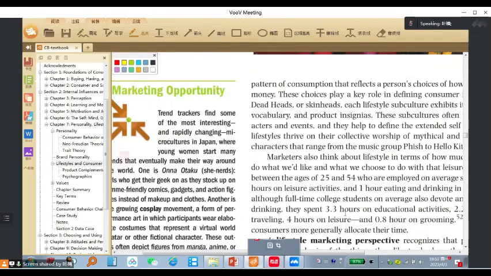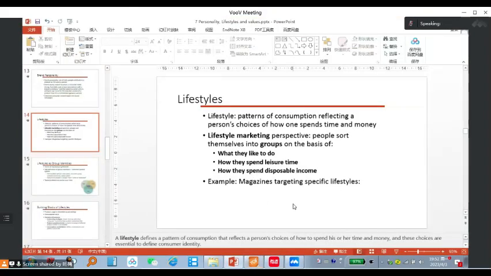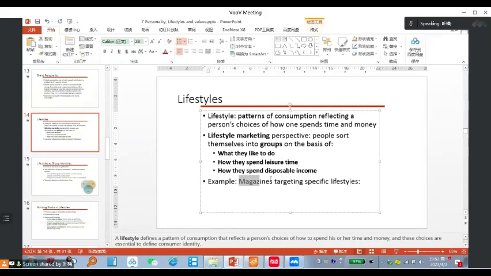And for marketers, they can target specific lifestyles. For example, we have different types of magazines, such as sports, movies, or fashion.